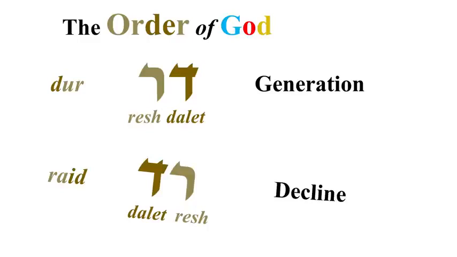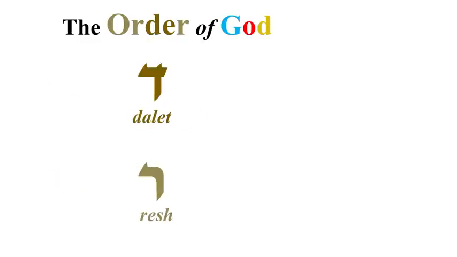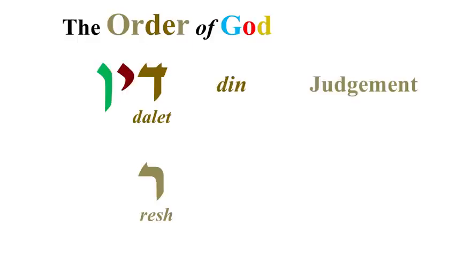Okay? By the way, those 2 letters, Dalet and Resh, there are words that represent those 2 letters. And the Dalet, a word that represents Dalet is din, which means judgment. Okay? The word Dan, that was one of the sons, right, of Jacob, means judge.